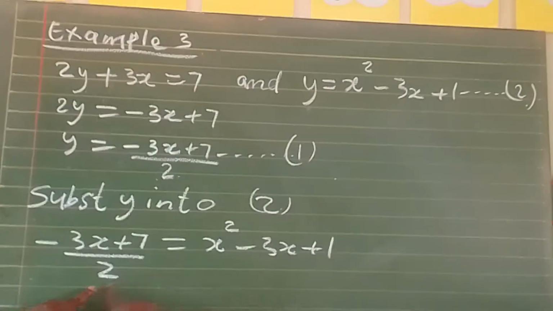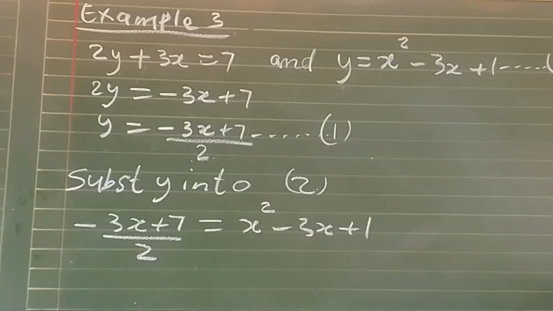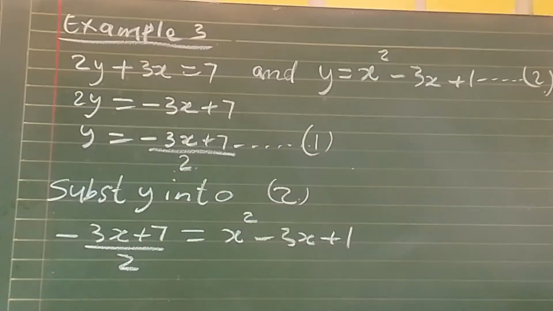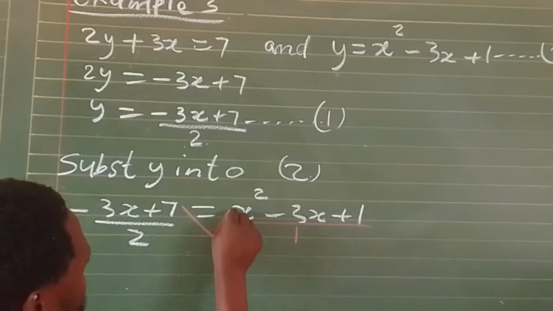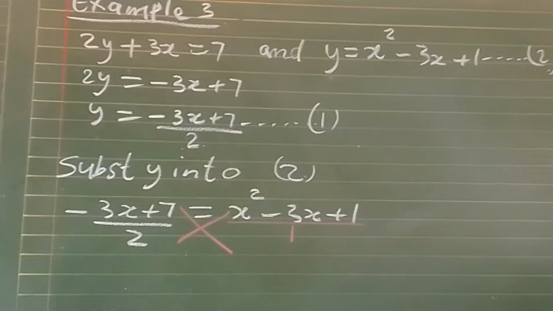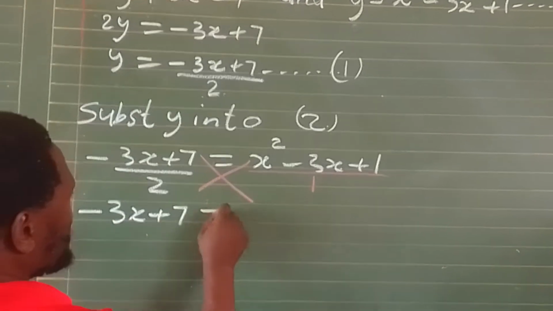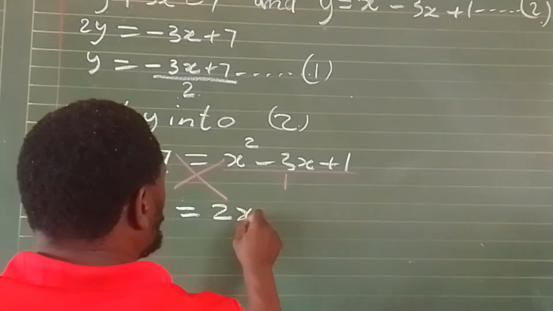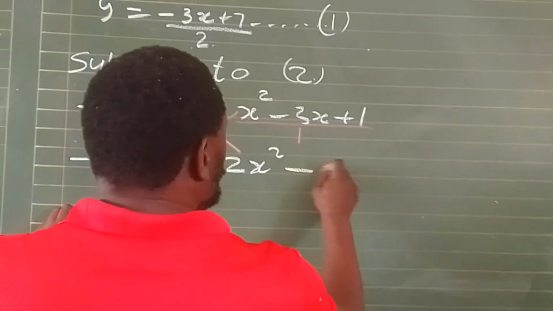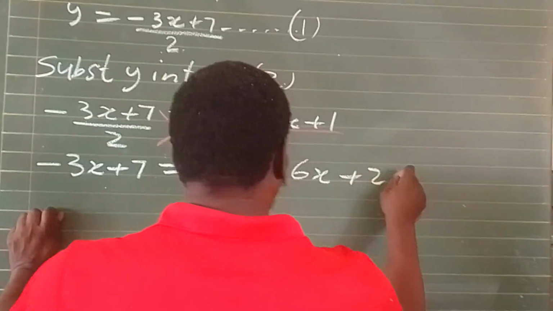Now, you cross multiply here. Remember, everything that stands on its own is over 1. So you cross multiply here. You find out that minus 3x plus 7 is equal to, you multiply everything by 2 now, it's 2x squared, minus 6x, multiplied by 2, plus 2.